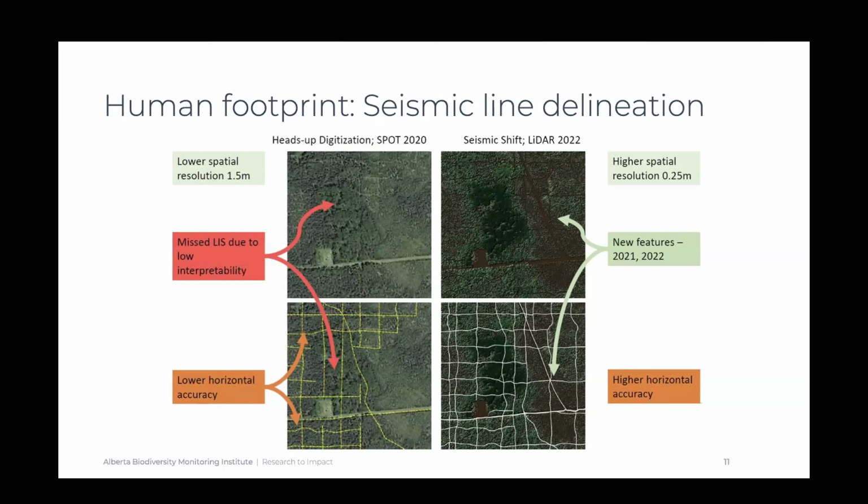So we've developed this workflow to map the seismic lines very accurately, get the center line really accurate. We've also found through this workflow that we're able to find a lot more seismic lines, particularly low impact. You can see in the comparison how many more seismic lines we were able to identify and observe by using LiDAR.